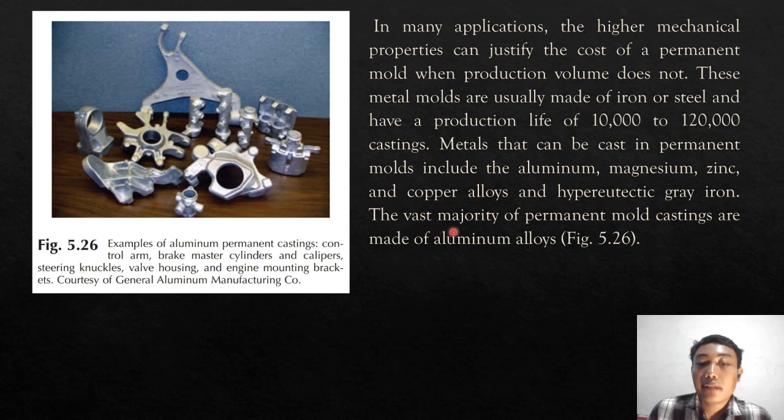The vast majority of permanent mold castings are made of aluminum alloys, like in picture 5.26. Picture 5.26, a sample of aluminum permanent mold castings: control arm, brake master cylinder and caliper, steering knuckle, valve housing, and engine mounting bracket.